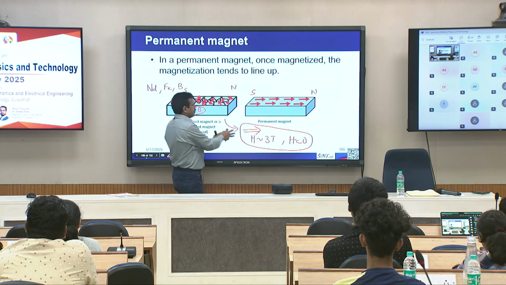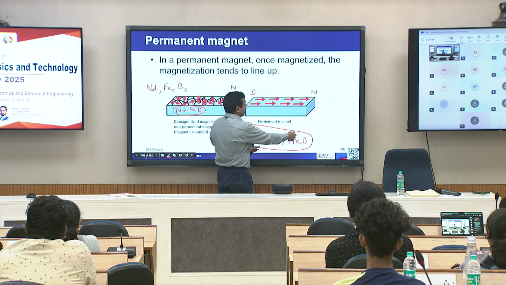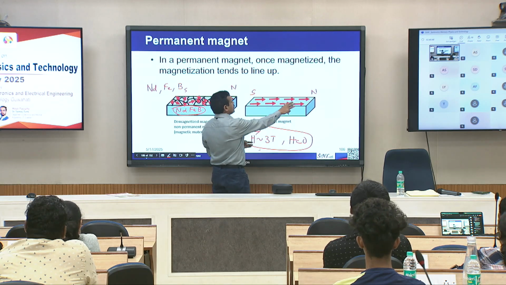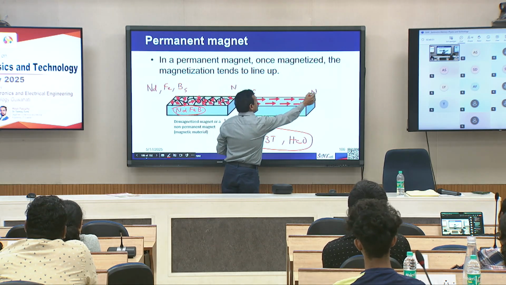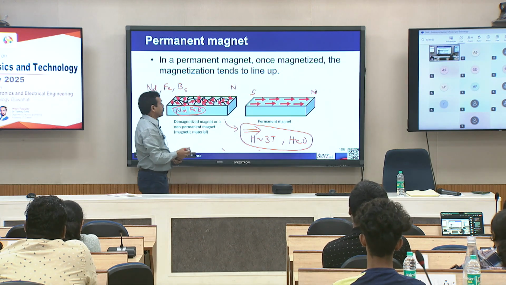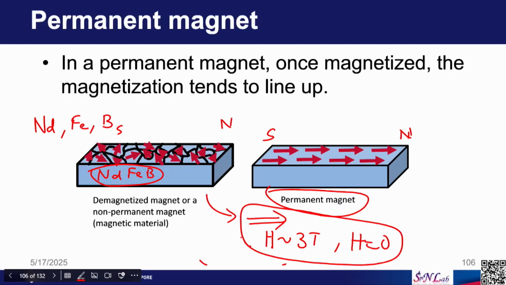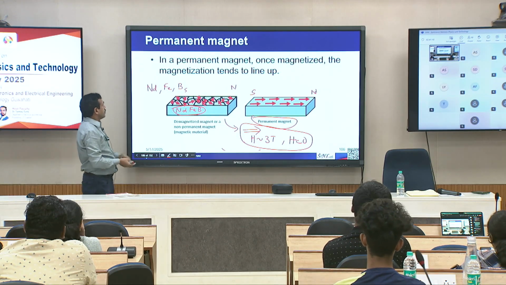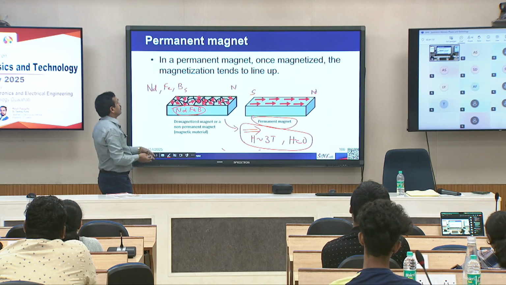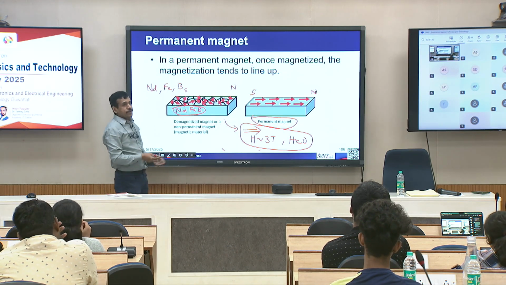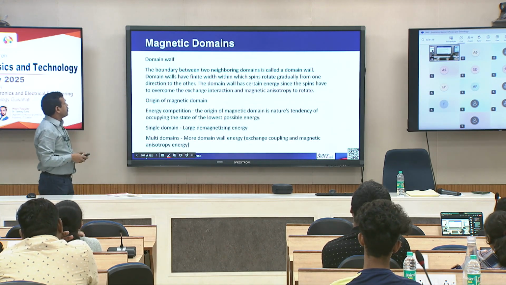But once you apply a very strong magnetic field and even after you remove it, the magnetization is retained in this direction, then you have a north pole and a south pole. So, now you have a permanent magnet. Why does a freshly prepared piece of neodymium iron boron magnet have magnetization in random directions? What causes this randomness in the magnetization direction of this material? And that is what we are going to learn now.